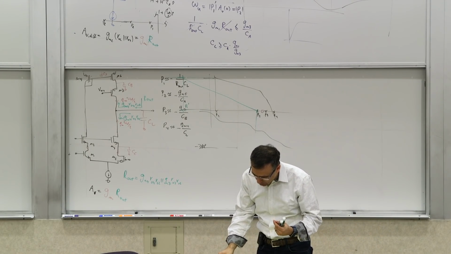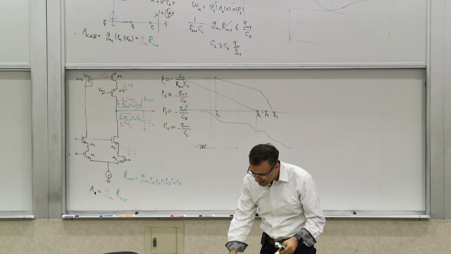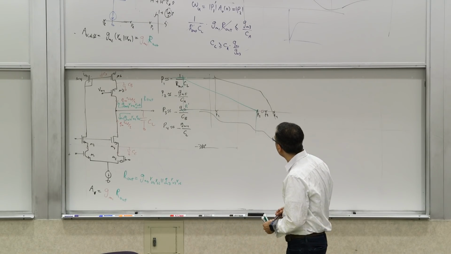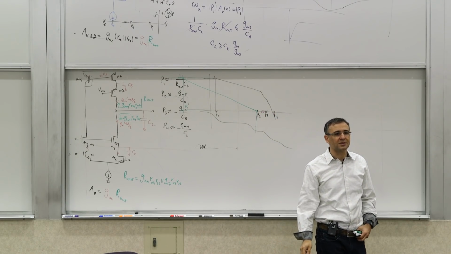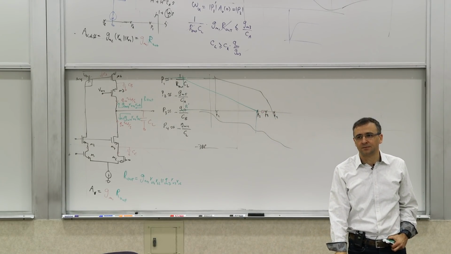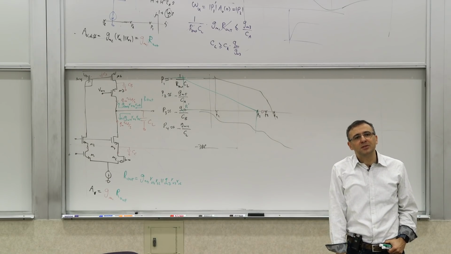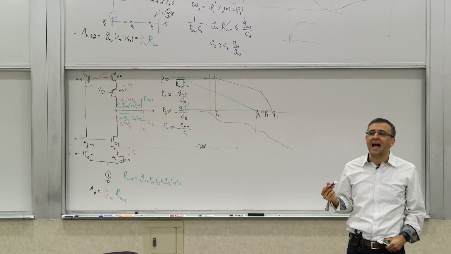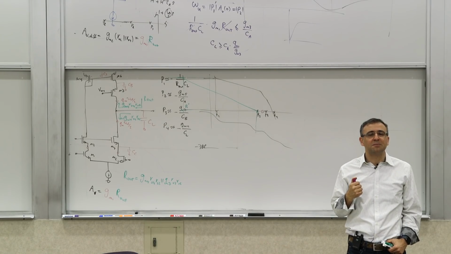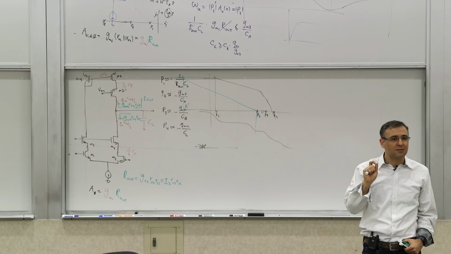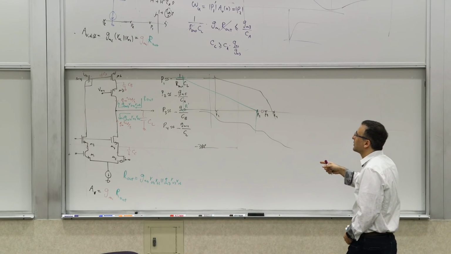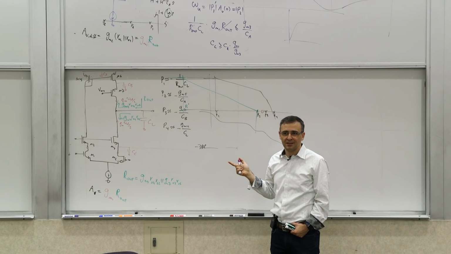But the key takeaway from this is that it is actually the first non-dominant pole, or the first group of non-dominant poles, that determine your unity gain frequency. So if you want to remember something from this discussion, it is that if you're designing an open loop feedback that you intend to stabilize and compensate, you need to focus even more than your first dominant pole on your first non-dominant pole.